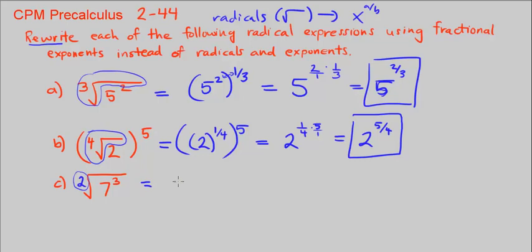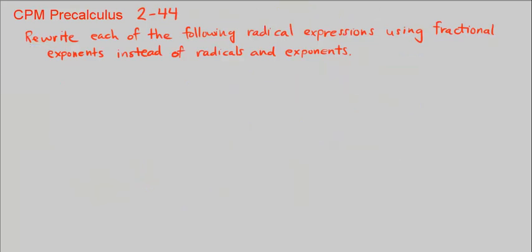So that means we're going to take what's inside and take it to the power of 1/2, because basically we put 2 in the denominator, 1 in the numerator of the power. So that's the same thing as 7 to the power of 3 times 1/2, well, 3 over 1. So that's going to be 3 times 1 and 1 times 2, and that gives us 7 to the power of 3/2.